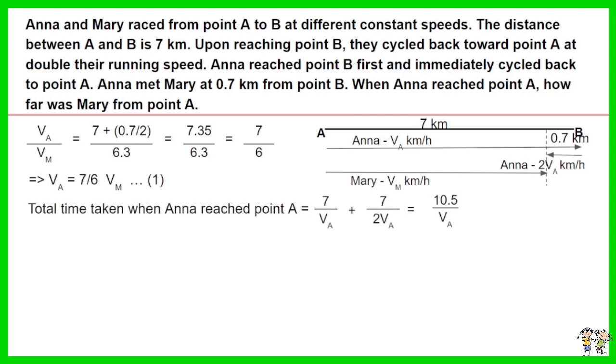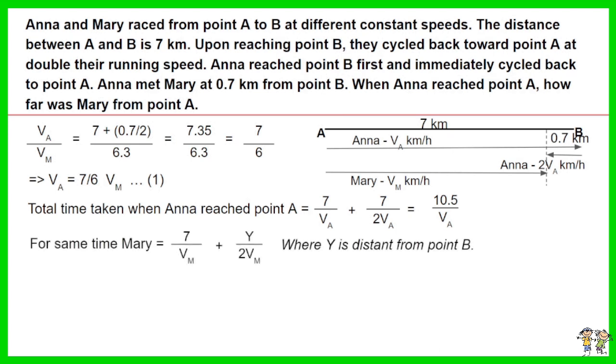The time taken for Anna to reach point A equals 7 divided by VA plus 7 divided by 2 VA, which is equal to 10.5 over VA. During the same time, Mary reached the distance of Y from point B. Thus the same time is equal to 7 divided by VM plus Y divided by 2 VM.